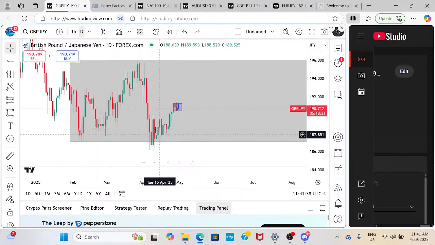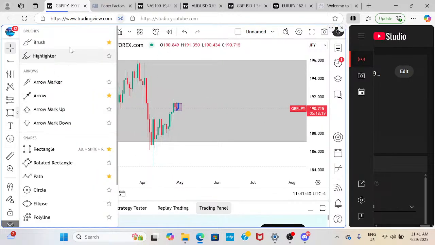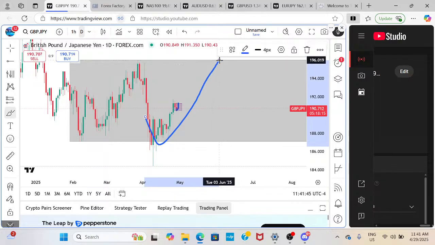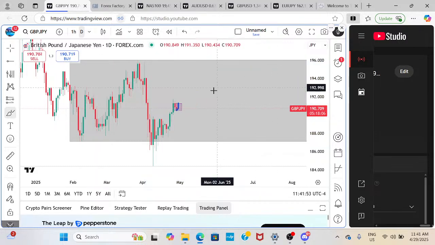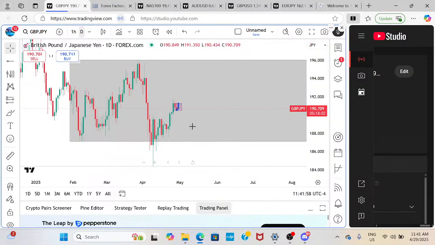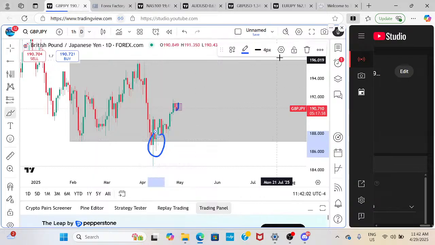Based on the daily time frame, the price should push all the way up here, all the way to 196.01. That's what I see happening. I think it's going to slowly make its way up there, because price did a fake out.